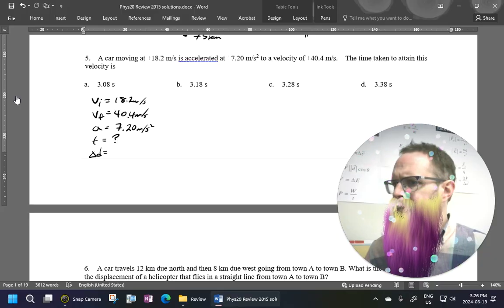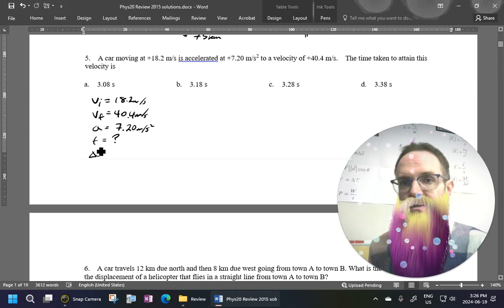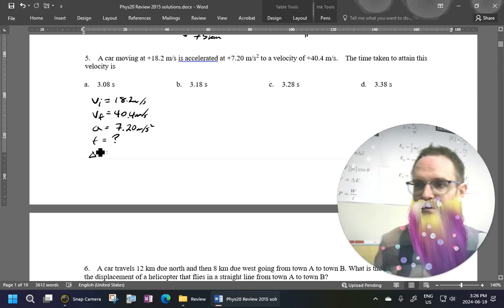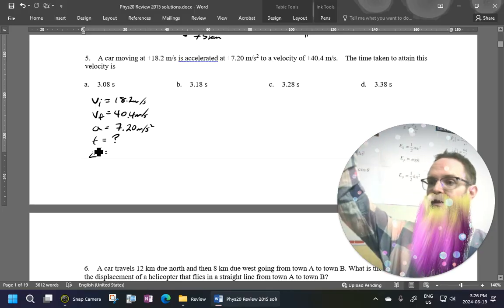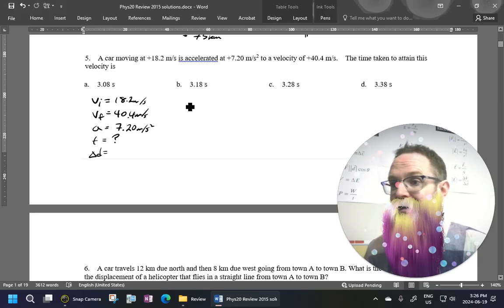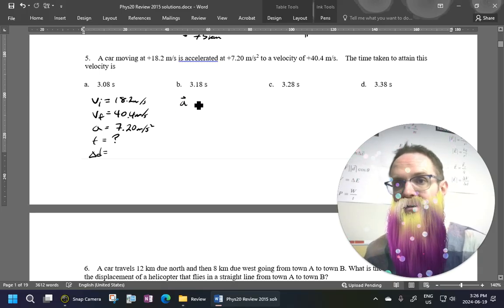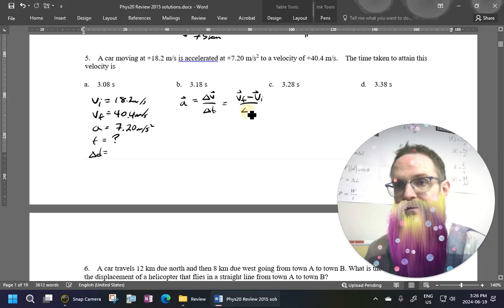Okay, so we want to find time. So we just have to look at the formula sheet that's above my head here and find the formula without a d in it. The formula that doesn't have a d in it is our delta v over t formula, just our typical acceleration formula. Remember that this stands for final minus initial, right?